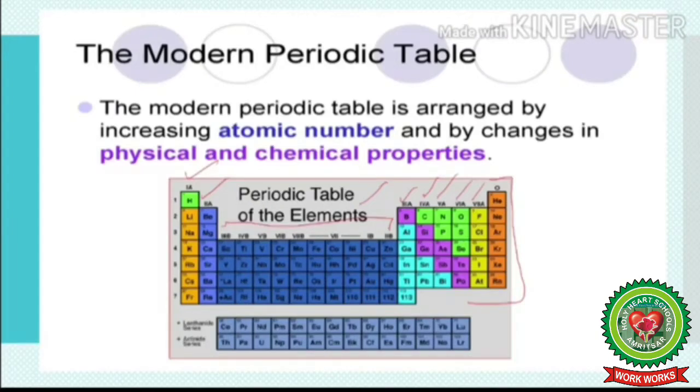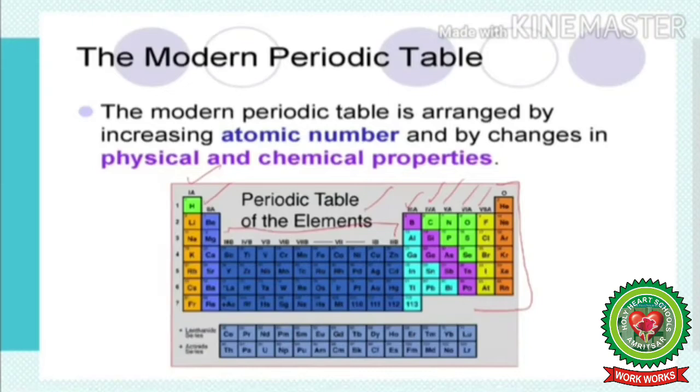Why? Because they have stable electronic configurations with 8 electrons in their outermost orbit, except helium, which has 2 electrons in its outermost orbit.